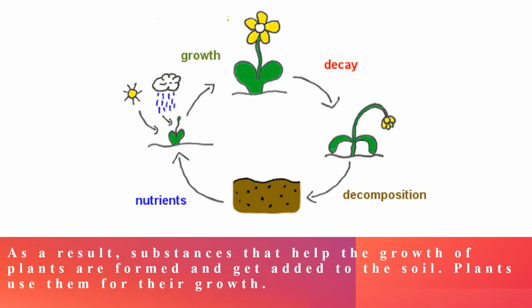As the process of decomposition begins, the nutrients are returned back to the soil and these nutrients are utilized by another plant to grow. As it gets sunlight, water and nutrients from the soil, it grows and the process continues in this way. So as the process continues, this is called as cycle.